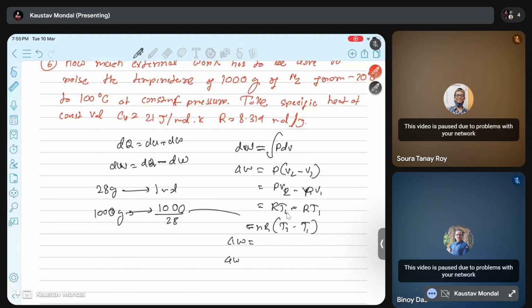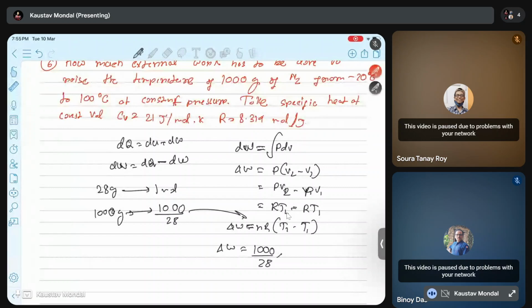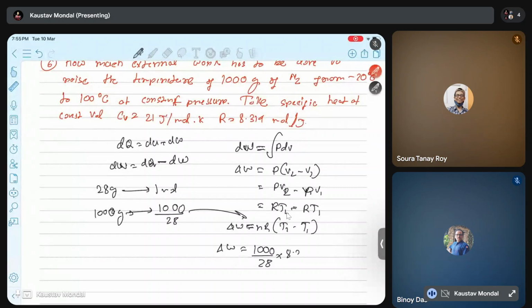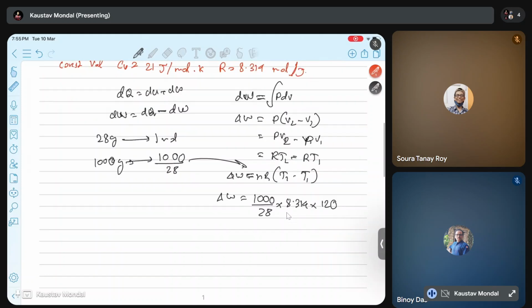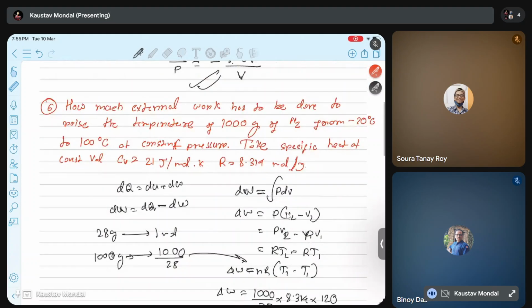So delta W would be 1,000 by 28 into 8.314 into 120. If you calculate it, it will give you 35.63 kilojoule. Okay, not joule, but kilojoule. So this is one problem.